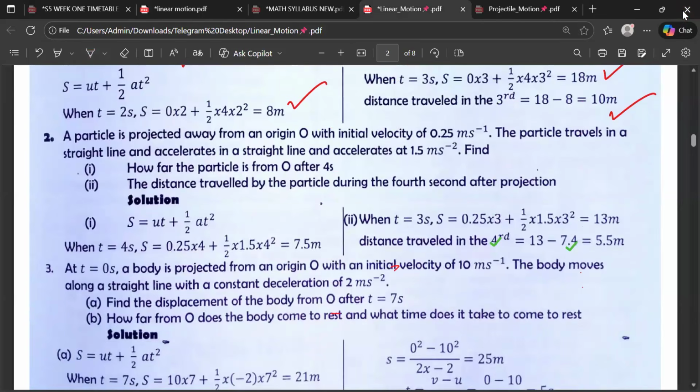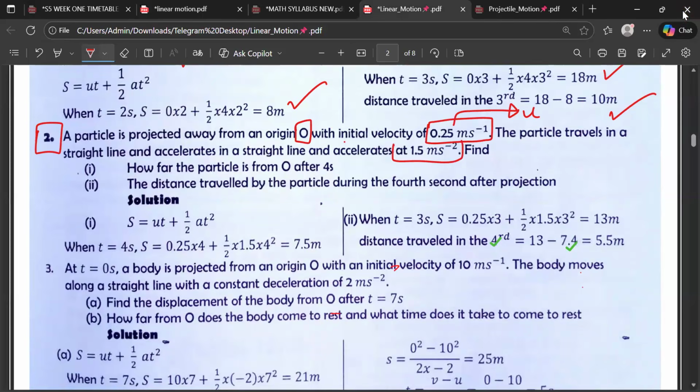Now, you look at this. A particle is projected away from origin O with the initial velocity, this one. So this initial velocity is the U. The particle travels in a straight line and accelerates in a straight line at this. So this one is A. They are saying how far.